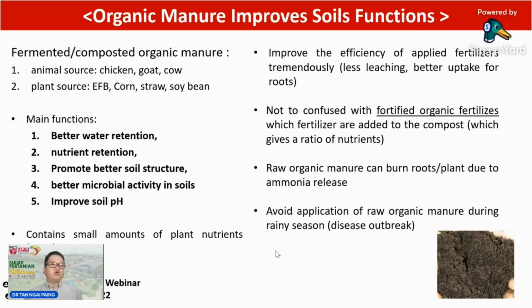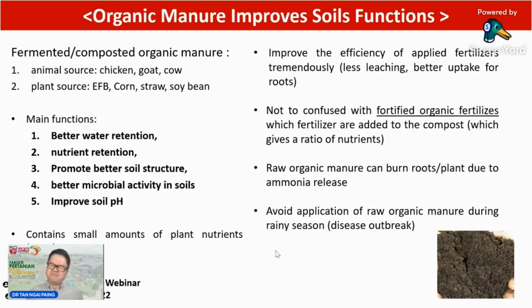So you can see here, the main function is not to give you NPK, but more to condition your soil, to make it better in terms of pH, water retention, and nutrient retention. But it does contain a trace or small amount of NPK. Normally, cumulatively, it's not more than, I would say, 10%.